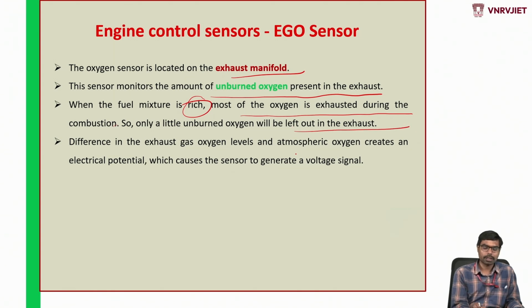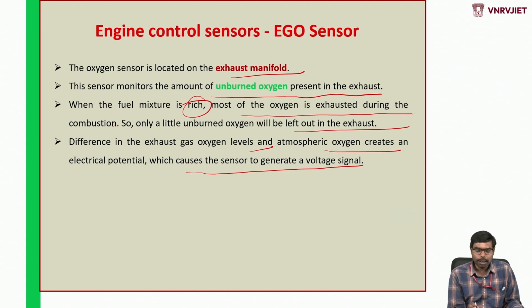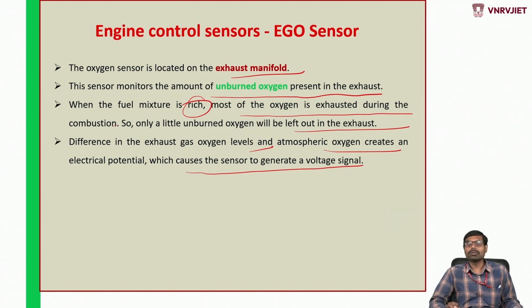The difference between the exhaust gas oxygen level and the reference, which is the outside atmospheric oxygen, creates an electrical potential which causes the sensor to generate a voltage. Clear? If the difference is very high, that means during the rich condition very little oxygen is present in the exhaust, and the outside atmosphere has more oxygen, which is the reference.